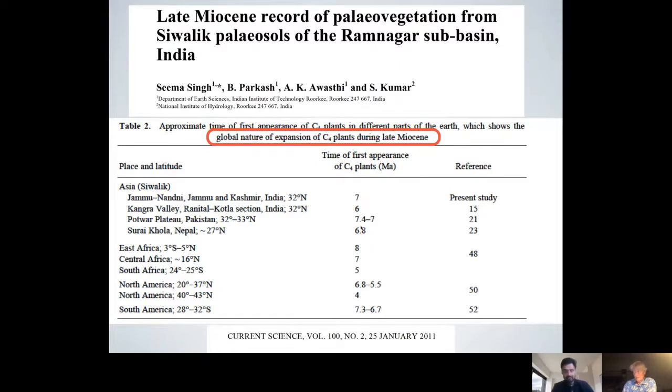So it looks like, are these all the same date, and this is just the uncertainty in the placements of things, or what? And then East Africa, maybe it was a little earlier, and North America, maybe a lot later, and South America, maybe about the same age.